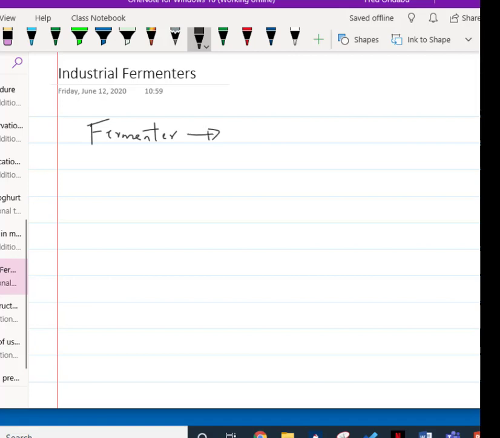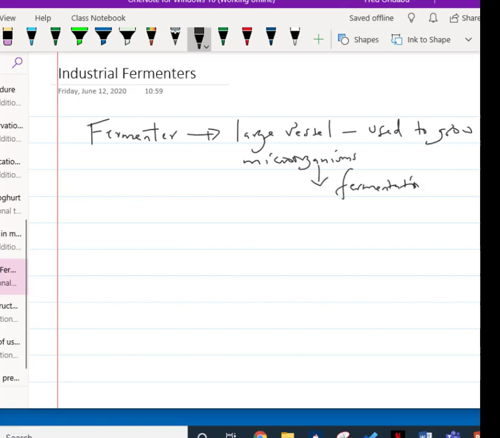A fermenter is usually a large vessel, and it is used to grow microorganisms. These microorganisms are then used in the process of fermentation.